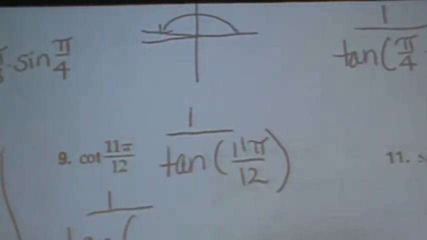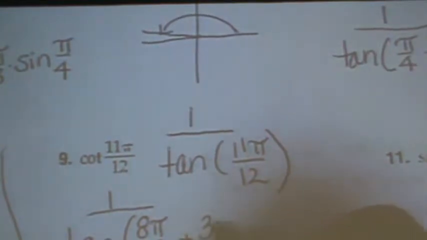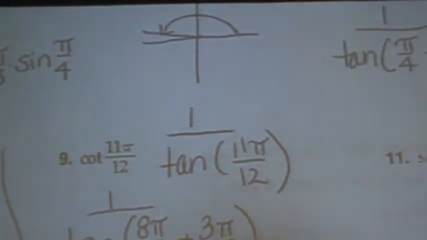The two angles that you're going to add up are 8 pi over 12 and 3 pi over 12, because this is one of the harder ones. 8 pi over 12 is 2/3 pi, and we know the answer to that one, plus pi over 4.